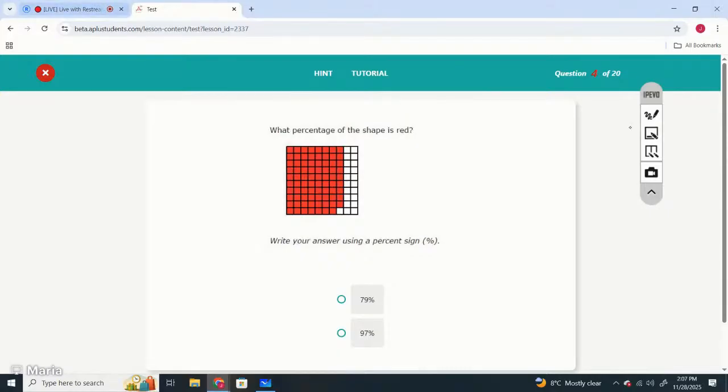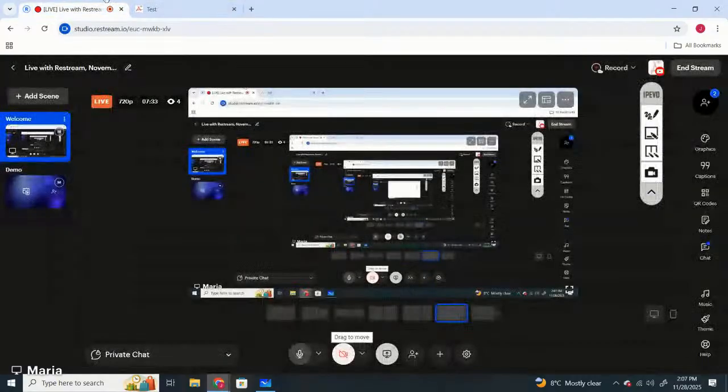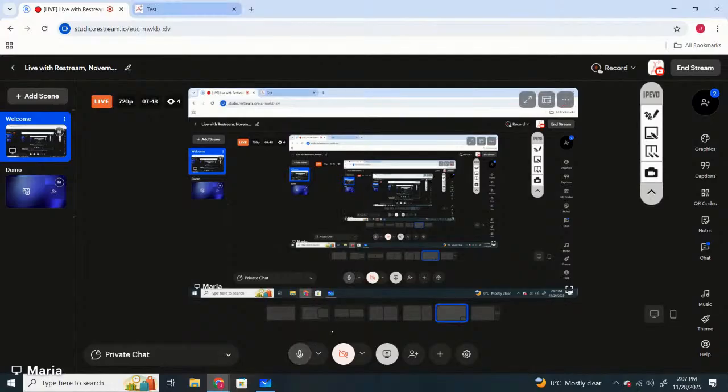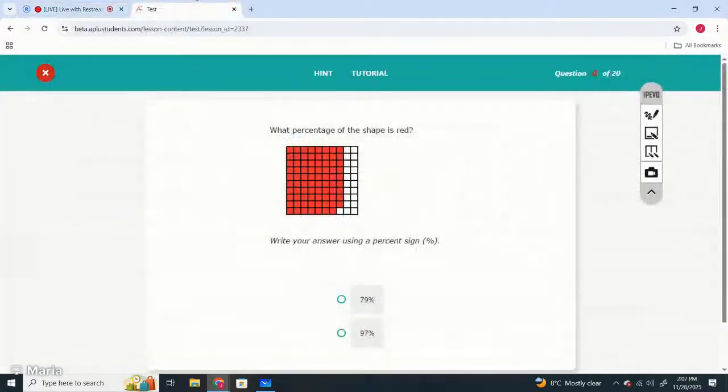What percentage of the shape is red? That is 1, 2, 3, 4, 5, 6, 7. Very good. 79% of the shape is red.